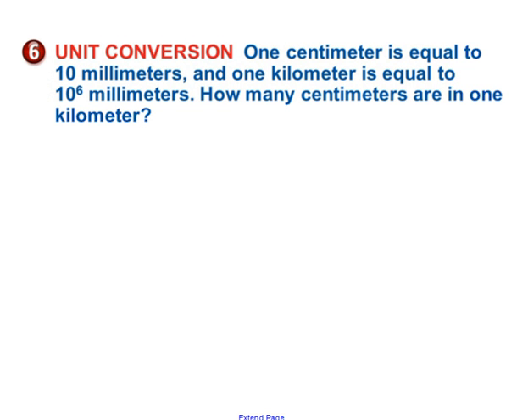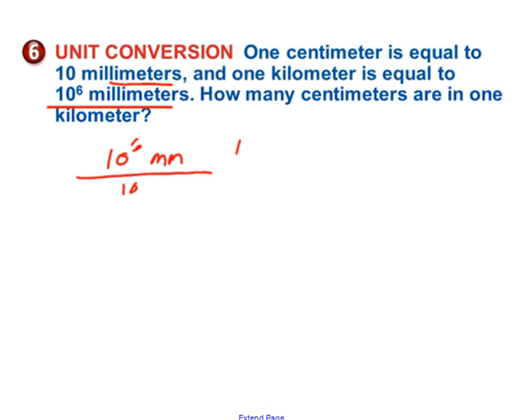1 centimeter is equal to 10 millimeters, and 1 kilometer is equal to 10 to the 6th millimeters. All right, how many centimeters are there? Well, if I've got 10 to the 6th millimeters, and I want to change it to centimeters, I have to divide by how many millimeters there are in 1 centimeter, so I'm going to divide by 10.